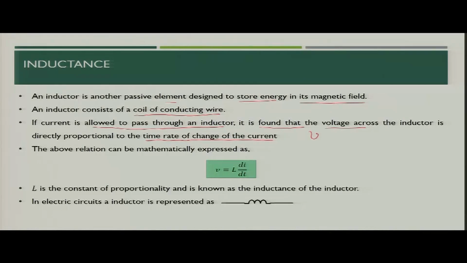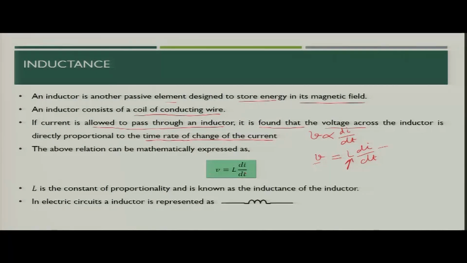So, that means voltage is proportional to di by dt. Now, if you convert into equality, V will be L di by dt. This proportionality constant is nothing but the inductance of that element through which the voltage is measured and current is changing with respect to time.